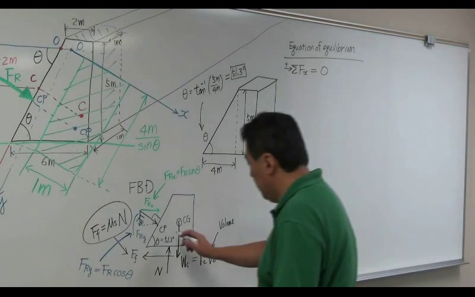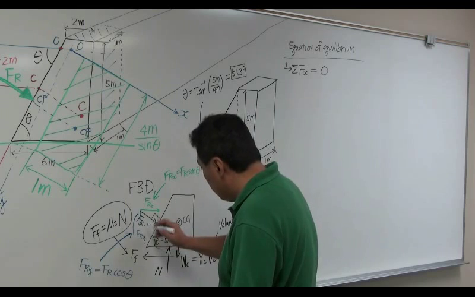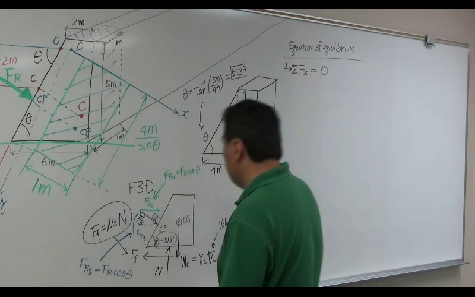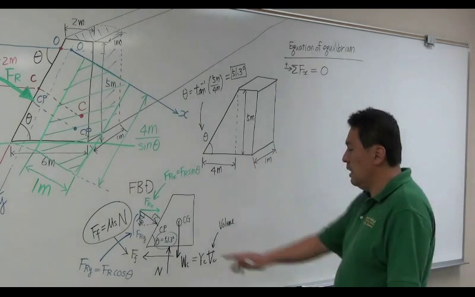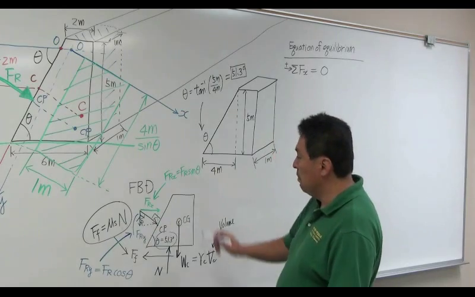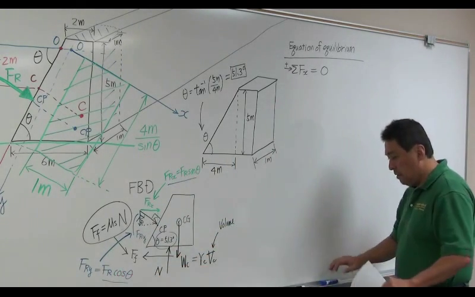So this theta is either that angle or that angle. Taking that theta, we can break down this Fr into x and y direction components, sine and cosine. So let's be careful.